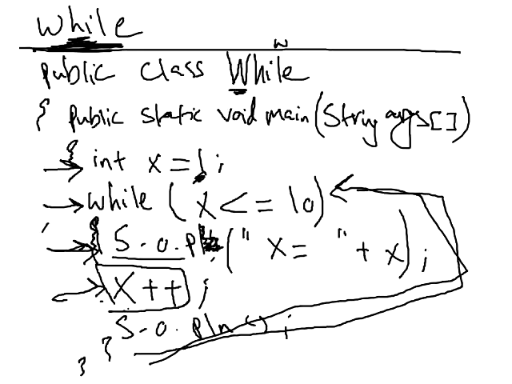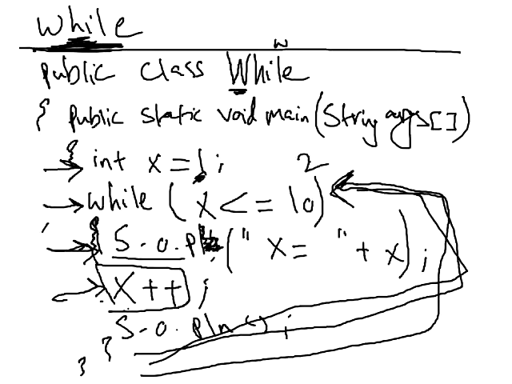But by us having x plus plus, if we go back to the while, what's the value of x now? It's 2. If we finish and we go back, what's going to be the new value of x? It's 3.